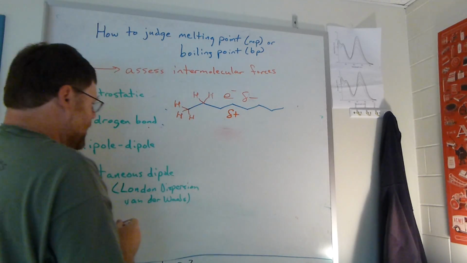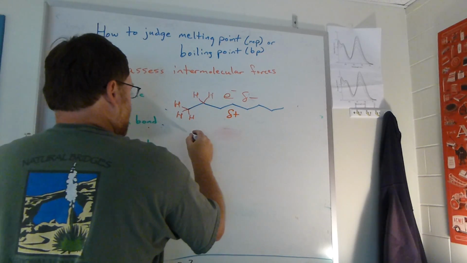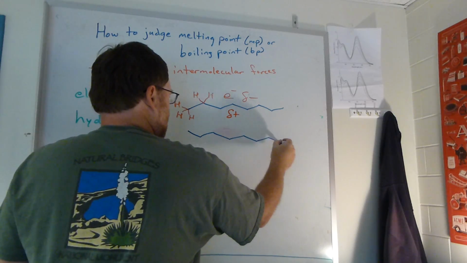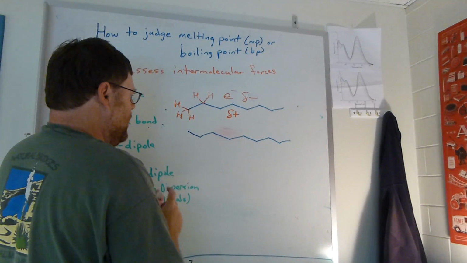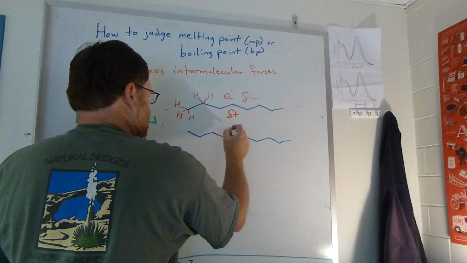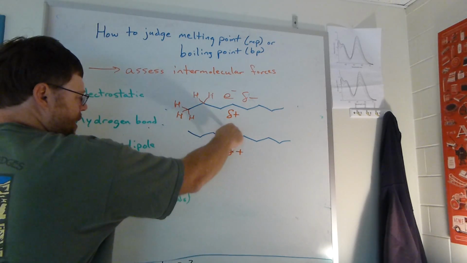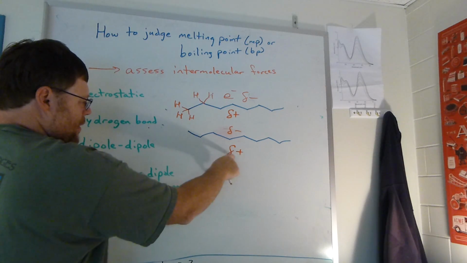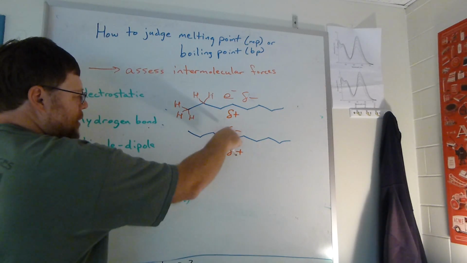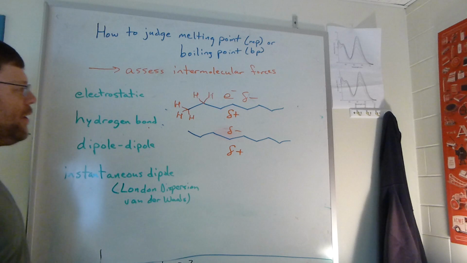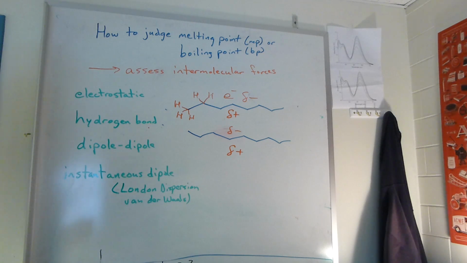In that instance, then, there might be another molecule that, for whatever reason, again, has this instantaneous dipole. So all the electrons pile up on top, that leaves a partial positive on bottom, and you get an interaction between the partial positive and the partial negative.